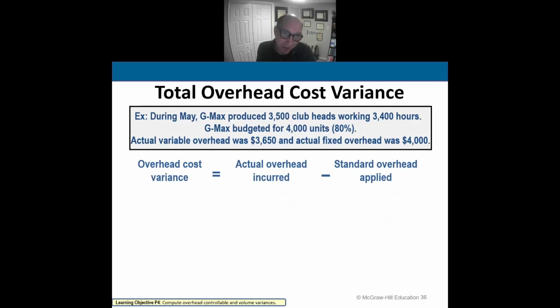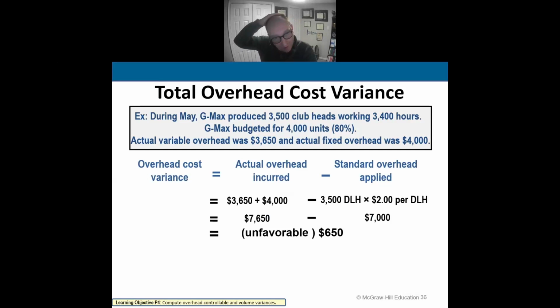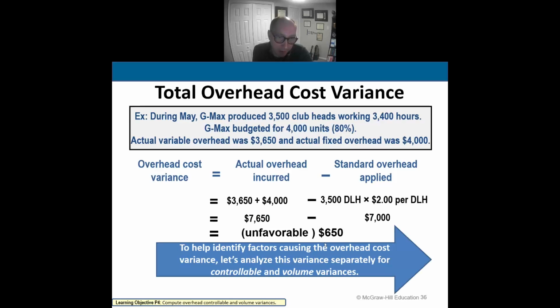So looking at our example, number of hours, actual was $7,650. The standard was $7,000. Unfavorable variance, $650. Actual minus the standard.